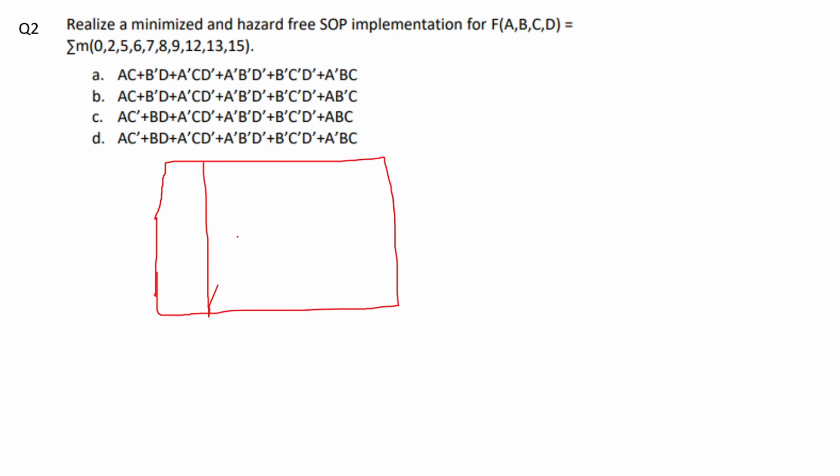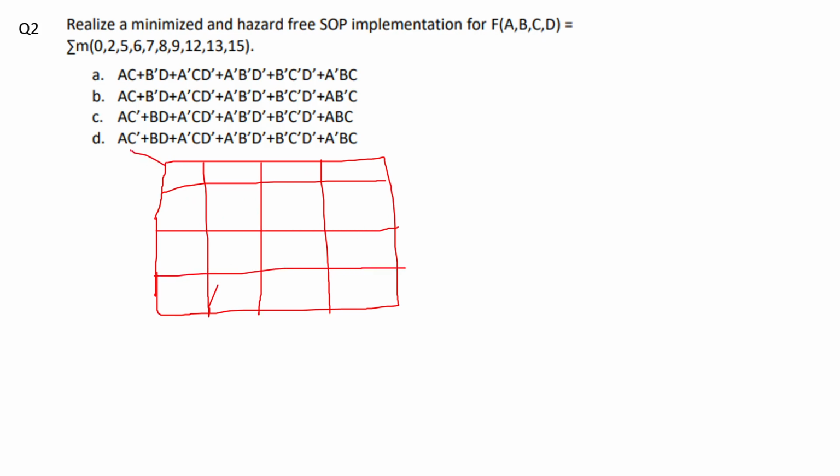So this is a 4 variable K-map, and we'll mark the variables. This is A, B, and this is C, D, with 00, 01, 11, 10 along each axis.